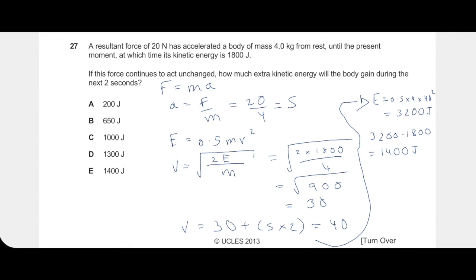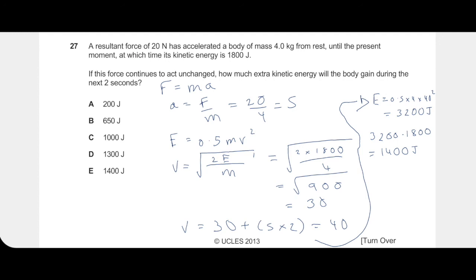If we rearrange the equation so that we get v as the subject, v is equal to the square root of 2E divided by m. Inputting E, which is 1800, and m, which is 4, gives us root 900, which simplifies to 30 meters per second.